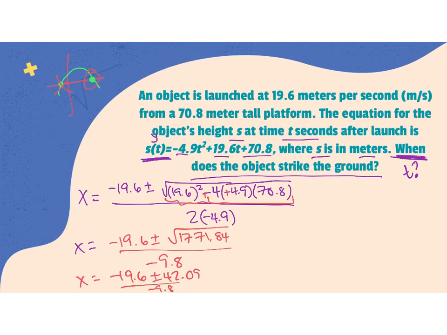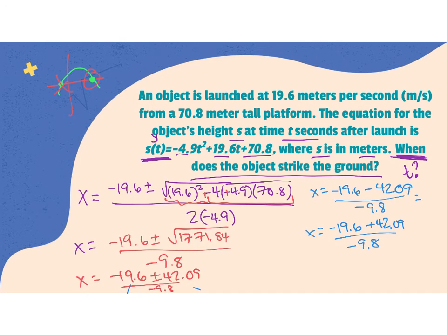All right, now I'm ready to split. So I've got x equals negative 19.6 minus 42.09, all divided by the negative 9.8. And I've got x equals negative 19.6 plus 42.09, all divided by the negative 9.8.